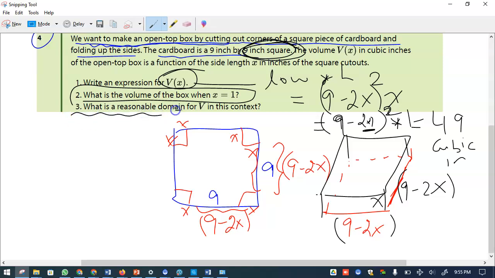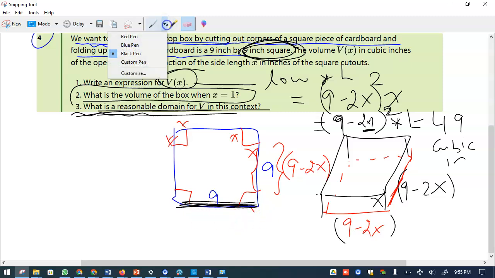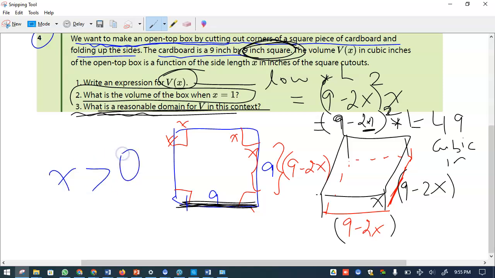And what is the reasonable domain? This is a confusing question. Now, the total is 9, and if I cut off here, can we have a box? You have to cut something, so x has to be greater than 0. And at the same time, if I cut off exactly 4.5 on both sides, you will see this side also 4.5, and there will be nothing left.